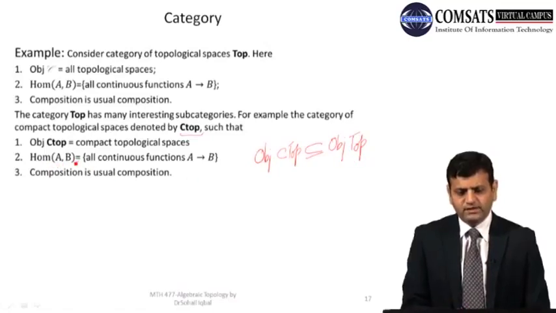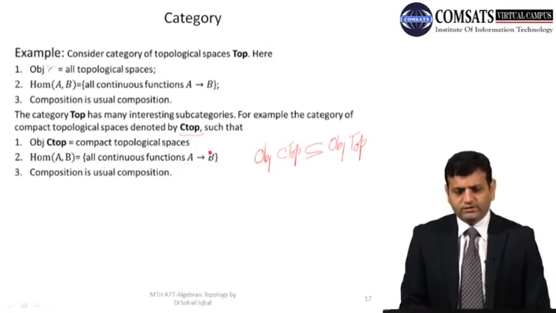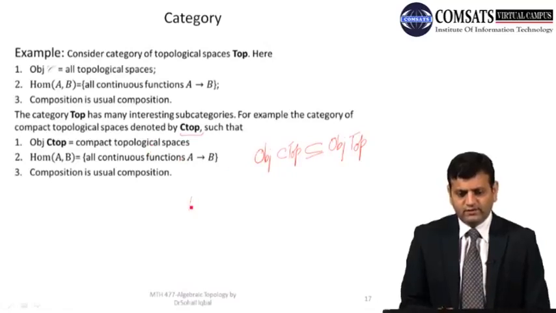Similarly, hom(A, B) consists of all continuous functions from A to B. If we have two compact topological spaces, then they are also topological spaces, and the hom between them is the same.